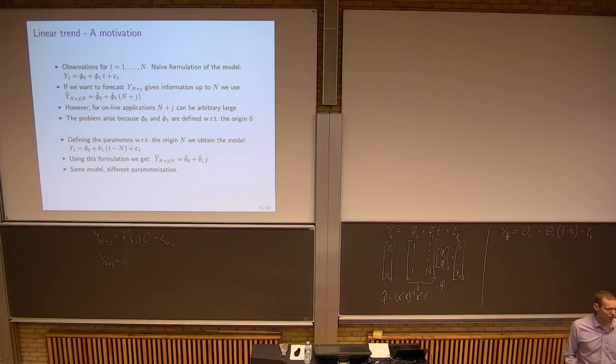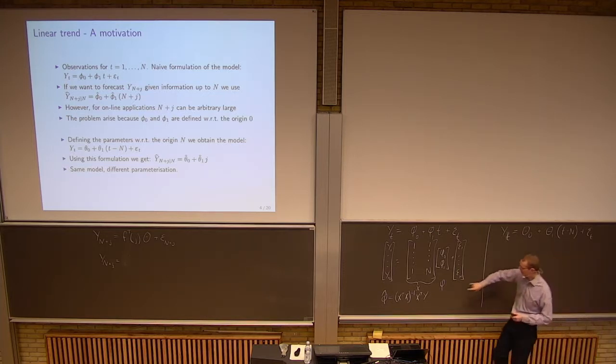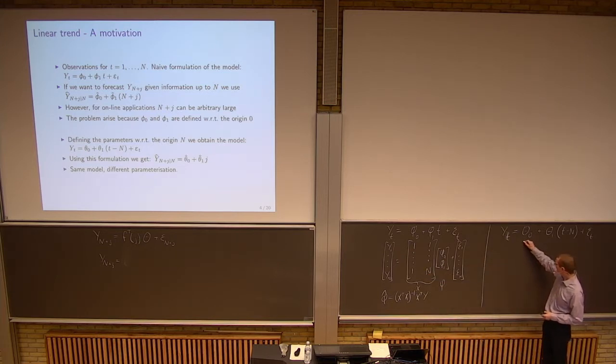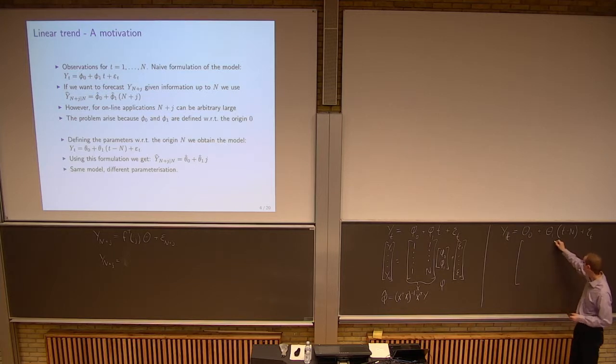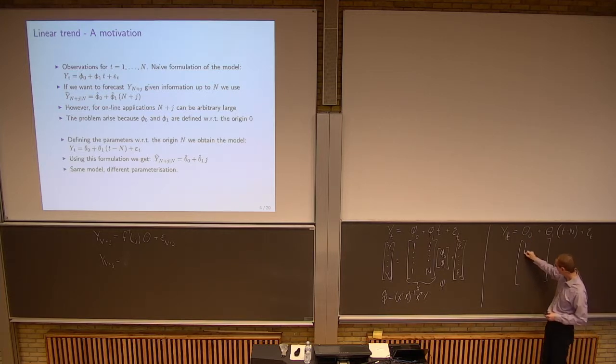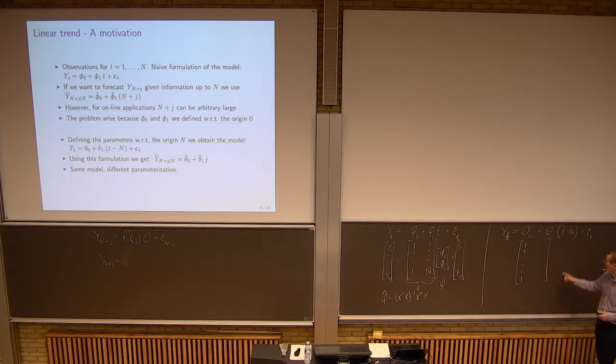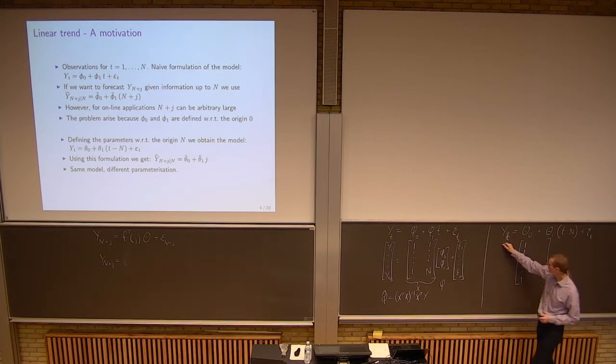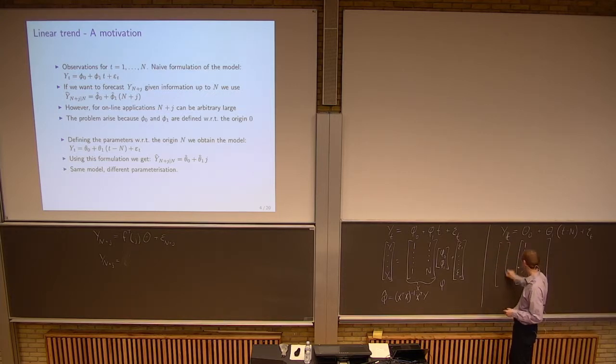So effectively it's the same regression model. If you look at the parameters in this model and in this model, what I will just do is to write the design matrix for this model. You get a column of ones again. Then down here, y1, y2 down to yn.